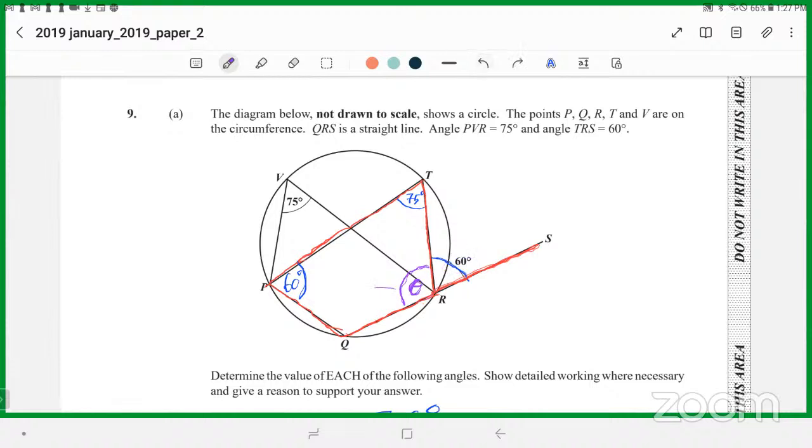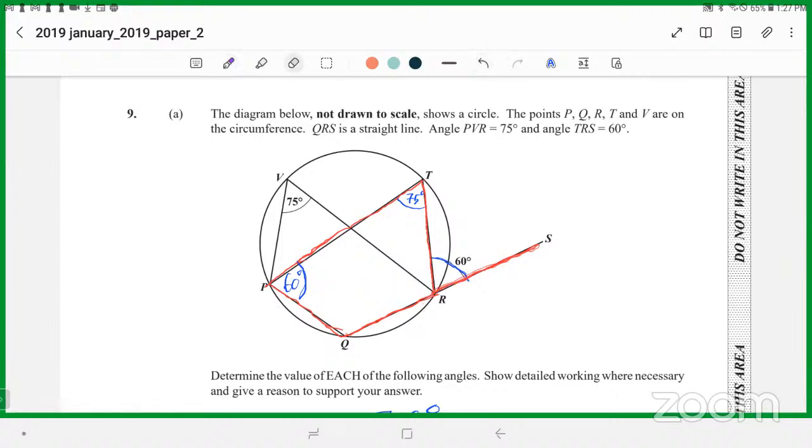And then 60 plus theta over here also equals 180 because opposite angles in a cyclic quadrilateral equal 180. So them two equal 180 because of a straight line, and them two equal 180 because of the opposite angles in a cycle. So it works out that the exterior angle is equal to the opposite interior angle.